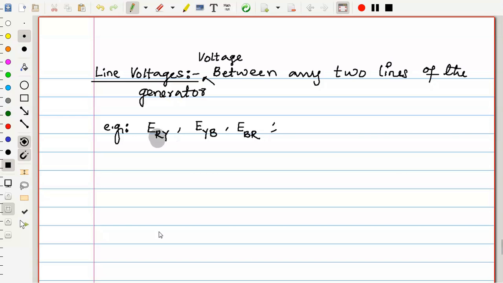If you assume coil 1 is R, R is equivalent to the first coil, Y is equivalent to the second coil, B is equivalent to the third coil. Now you can move on like R to Y, Y to B, then B to R. So we can call 1 to 2, 2 to 3, 3 to 1. So RY, YB, BR. It's your wish.